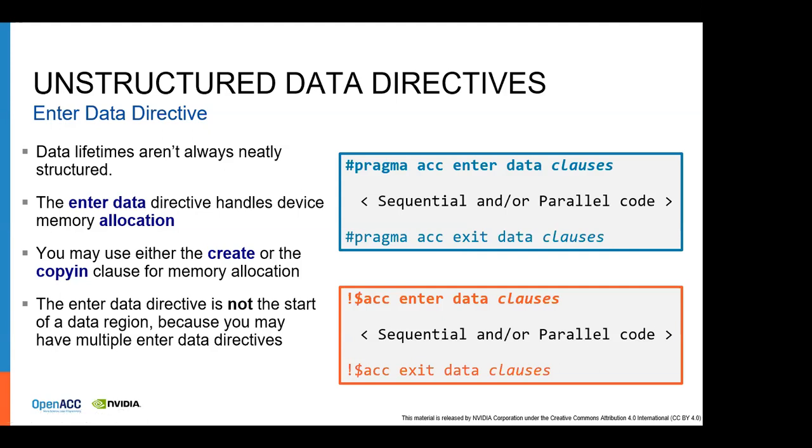This is a quite convenient way to describe the data region. And of course, you could create nested data regions depending on what you want. So you may have different enter data directives with, of course, different arrays, but they could overlap each other.